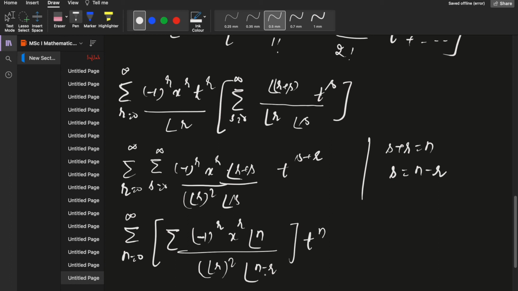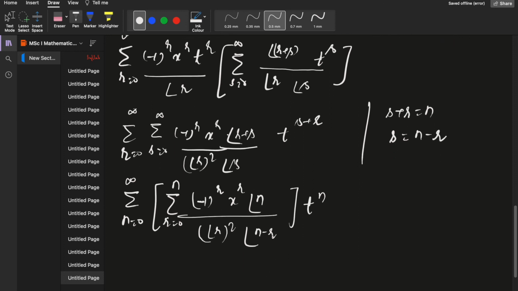Now r can vary from 0 to n only. Why n? Because if r goes higher than n, the factorial becomes negative, and factorial can't be negative. So the maximum value r can take is n. So this is summation n equals 0 to infinity t to the power n, and this is our Ln(x).